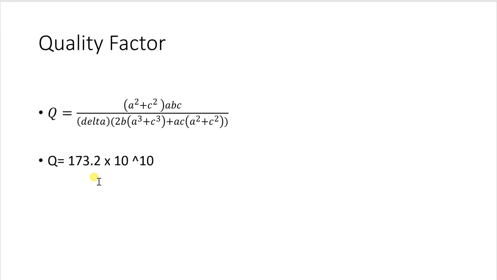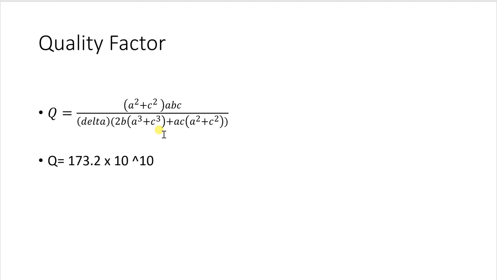This is the result that we expect because cavity resonators have big quality factors. So we can say that we achieved our goal successfully.